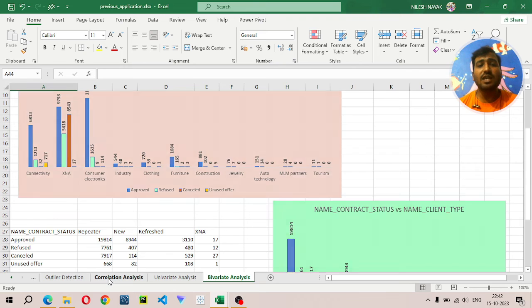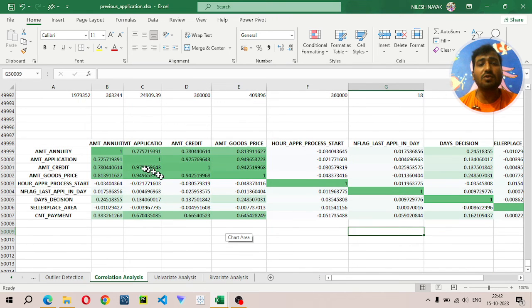Similarly, coming to the correlation analysis, the same four columns, amount annuity, amount application, amount credit, and amount of goods price, have higher correlation among them.